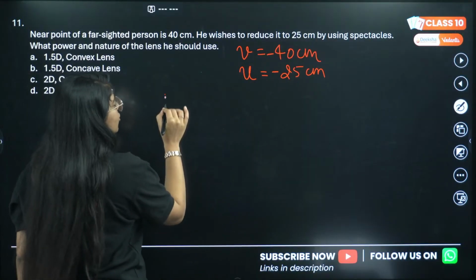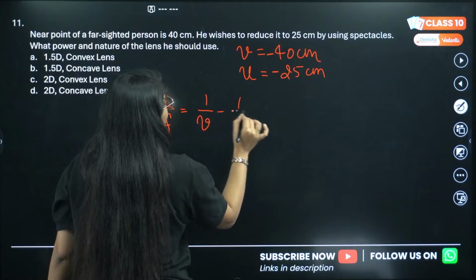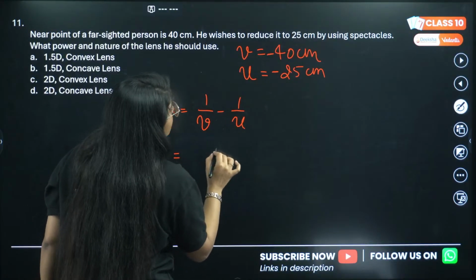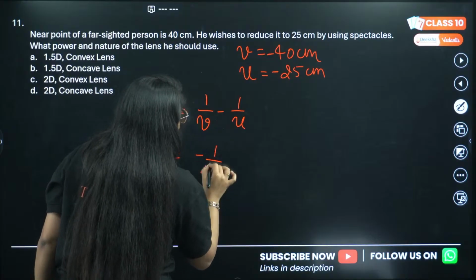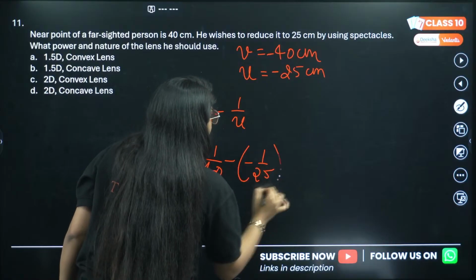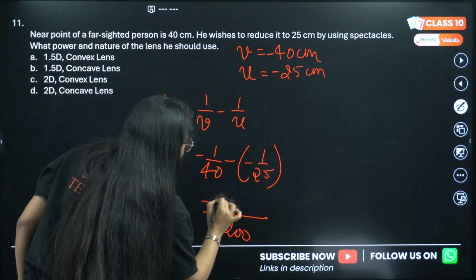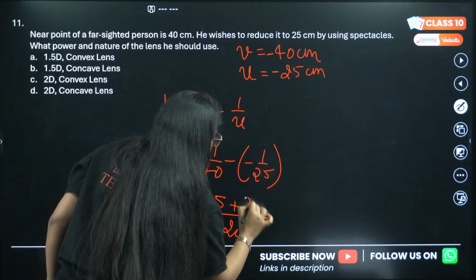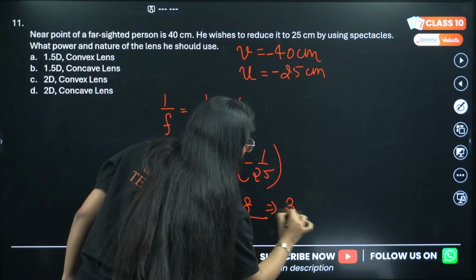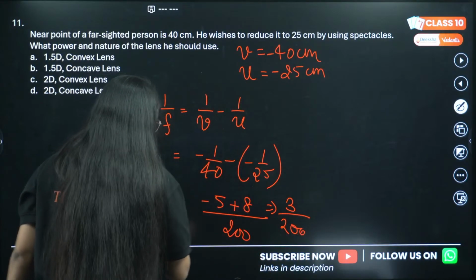By using spectacles, what power and nature of lens should he use? Again, a very simple question. For power, we'll just calculate focal length with the help of the lens formula. So this will be minus 1 by 40 minus of minus 1 by 25. Taking LCM, we can just take 200. That is minus 5 plus 8, that will be 3 by 200, and that will be 1 by f.